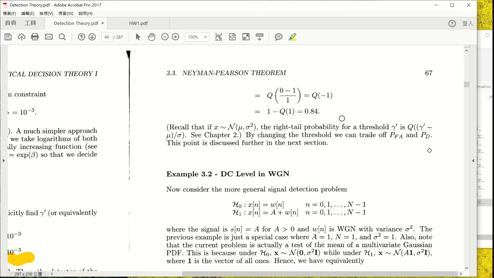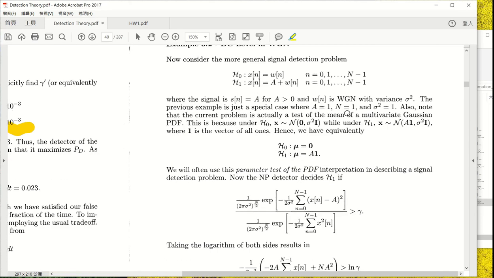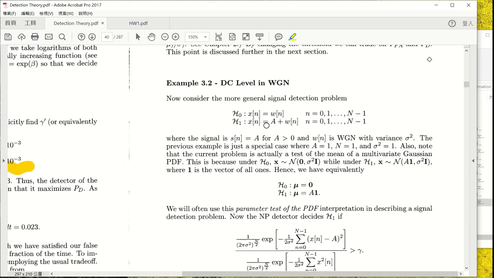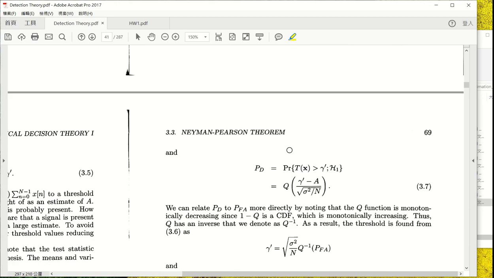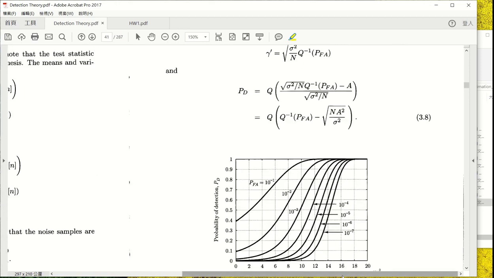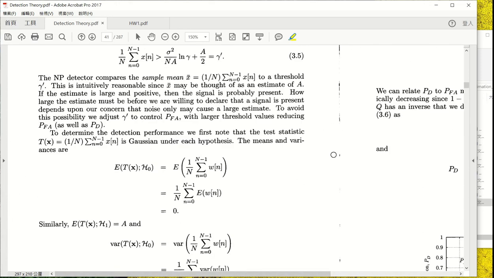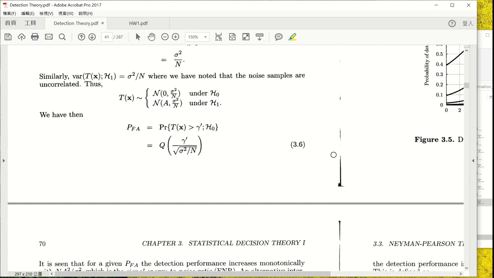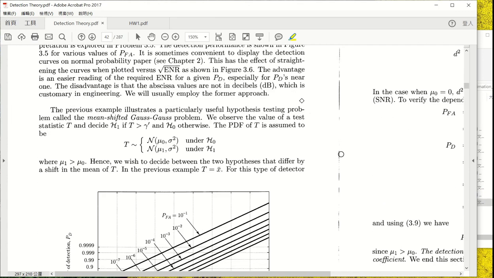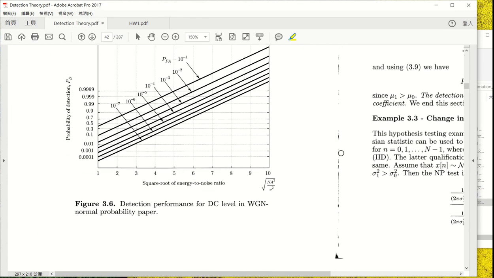All right. And then we also have another example like this. I'm going through quickly because this is just a review. And one important thing is the receiver operating curve. I'm going to talk about this.